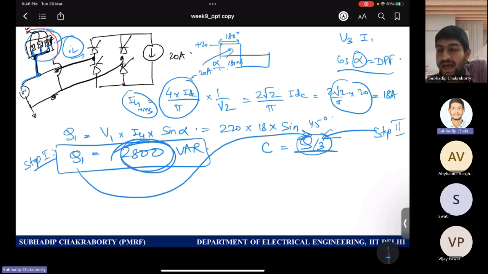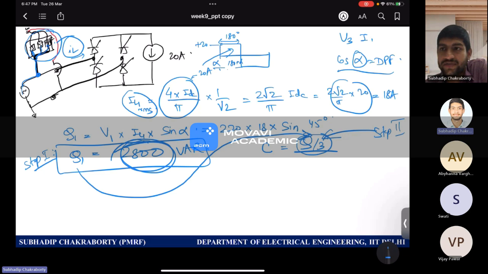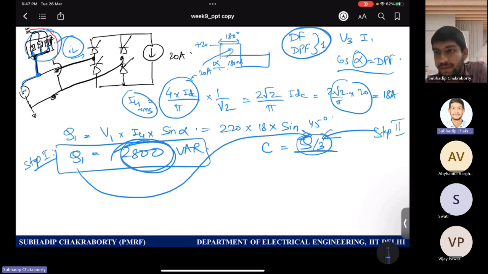Because I am doing harmonic compensation along with reactive power compensation, my distortion factor will be low and displacement power factor will be high, close to 1, such that you get unity power factor. I don't want any distortion, and power factor should be close to unity.